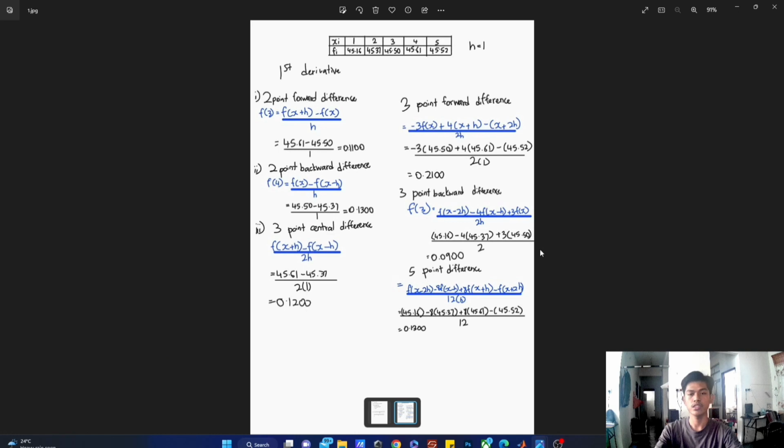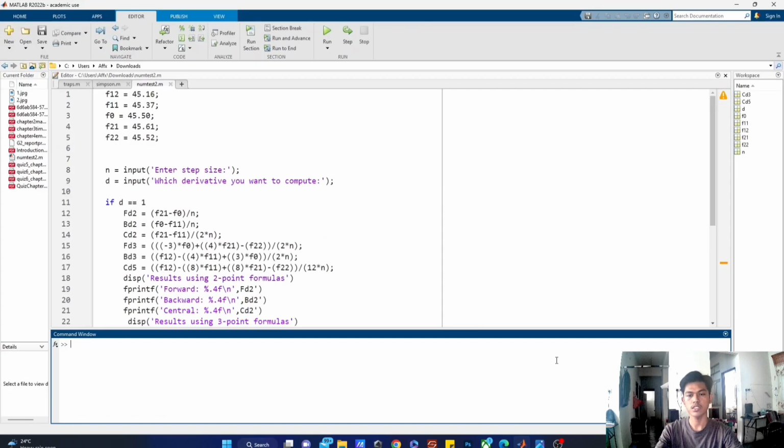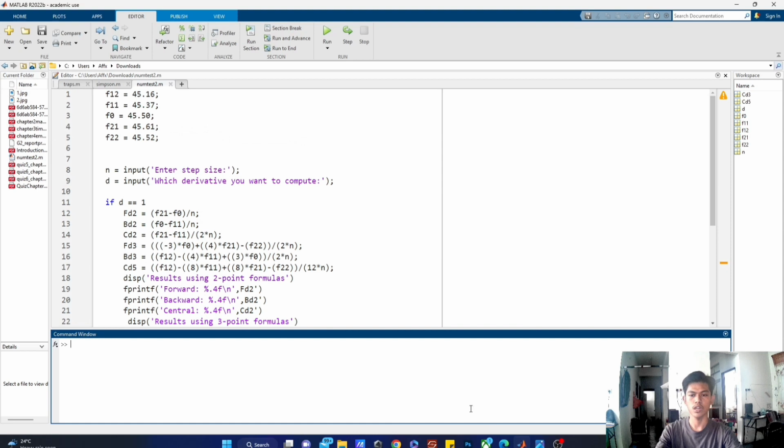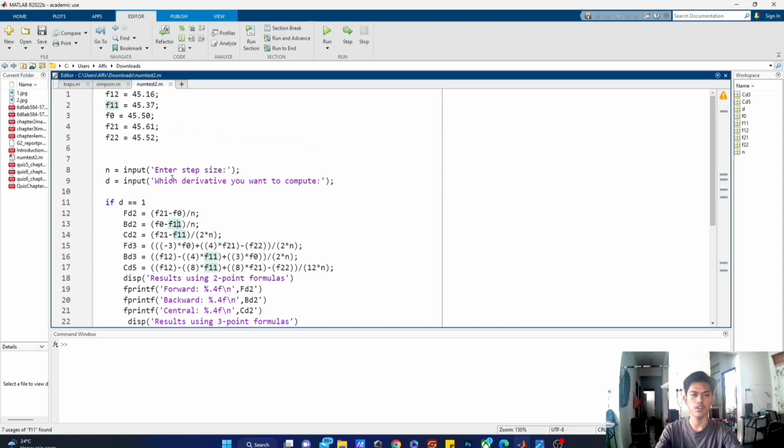I will present the simulation part for this project. This simulation is to prove the answer is correct for the manual calculation. As we can see here, I already inserted the formula and calculation in this software.